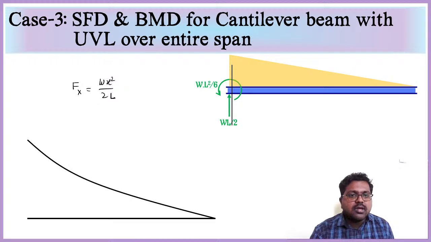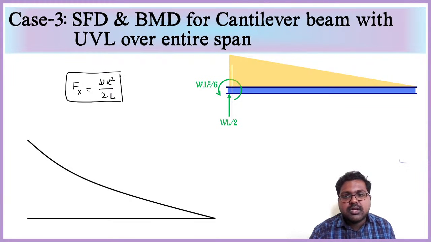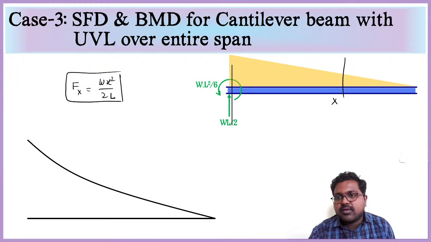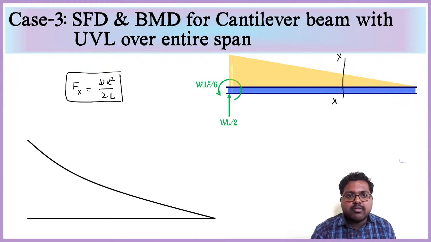Fx equal to Wx square by 2L is the condition we have used at section XX, and we found the general equation. So it is a parabolic curve.